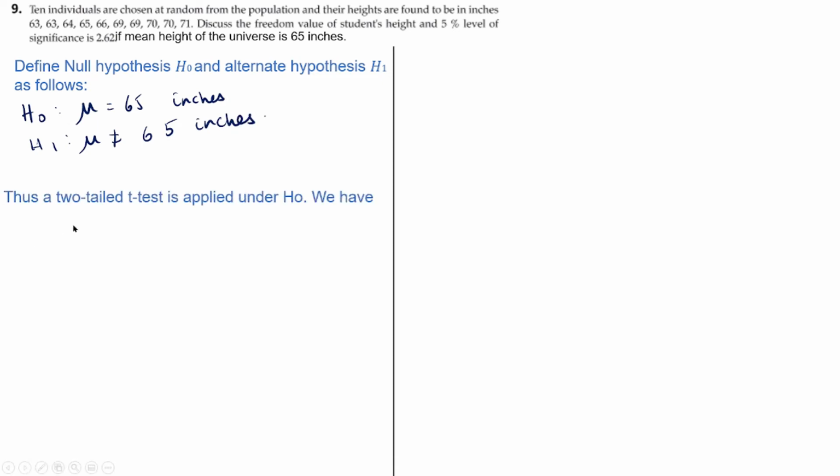So we have a two-tailed test which is applied under H0 and we have the test statistic t as x bar minus mu upon S by root 10. Now let us find x bar, S, all these.